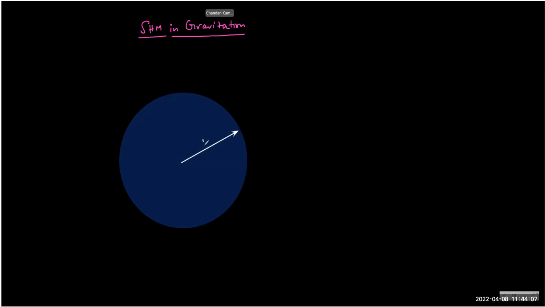So let's say we have the Earth of radius r. What is the formula of g on the surface of Earth? g on the surface of Earth is GM by r square. Now, if the density is rho, let's say the Earth is a homogeneous sphere.